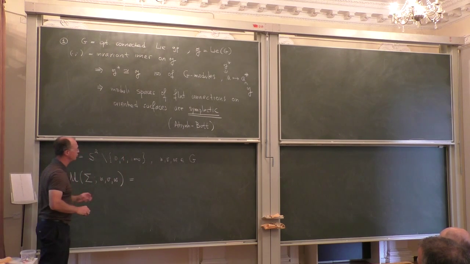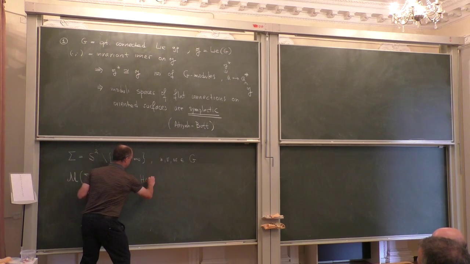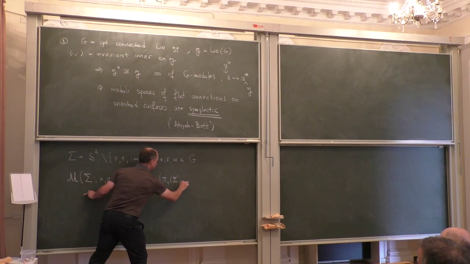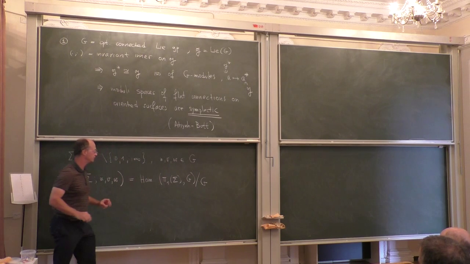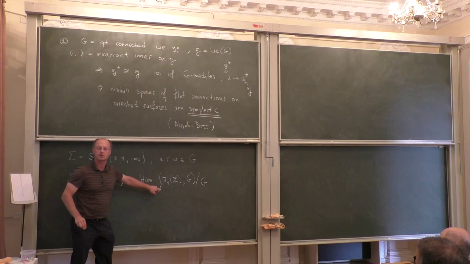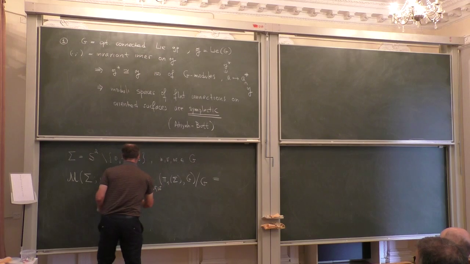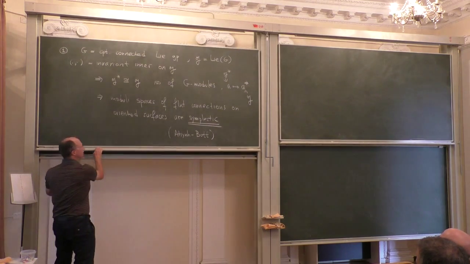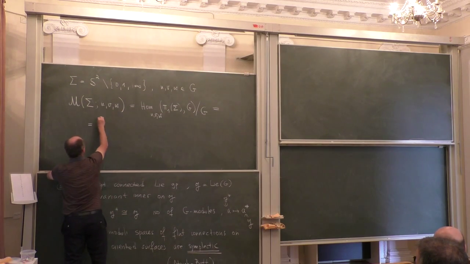So let me write a more abstract formula and then a very, very concrete formula. The abstract formula will be Hom of pi 1 of sigma to G modulo conjugations by G. And here I should still decorate this, with U, V, W, and you will see in the next slide what this means. Now very, very concretely, what this space is.